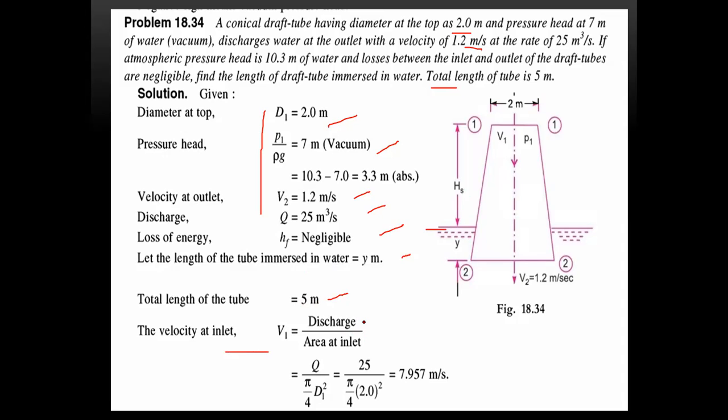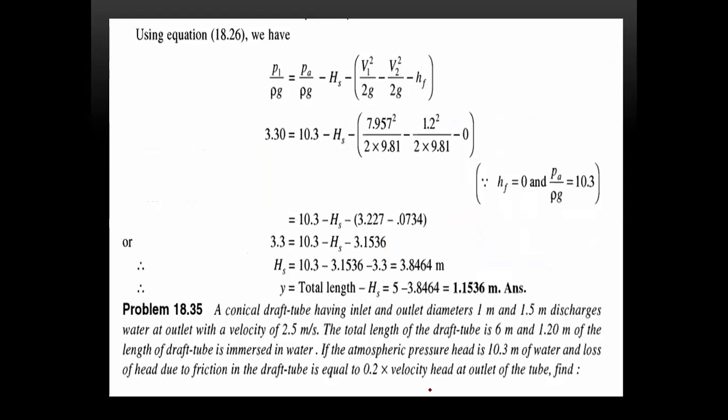Discharge is 25 divided by pi by 4 d square, that is equal to 7.98 meters per second. Now, by taking Bernoulli's equation, P1 by rho g is equal to PA by rho g minus HS. So apply the values and substitute. Upon substituting, we are getting the HS value.